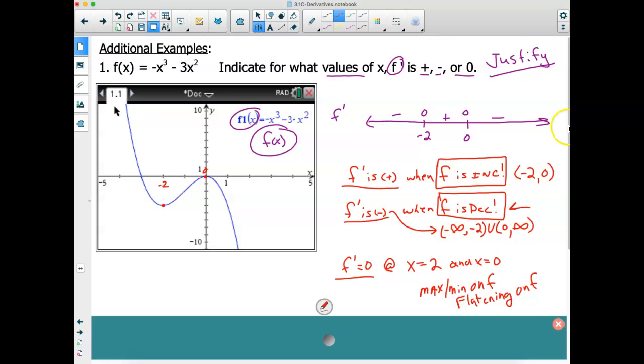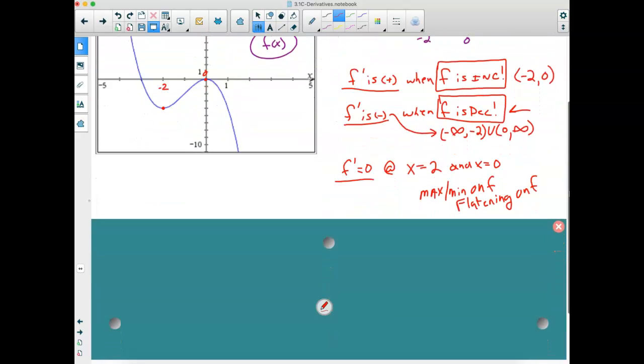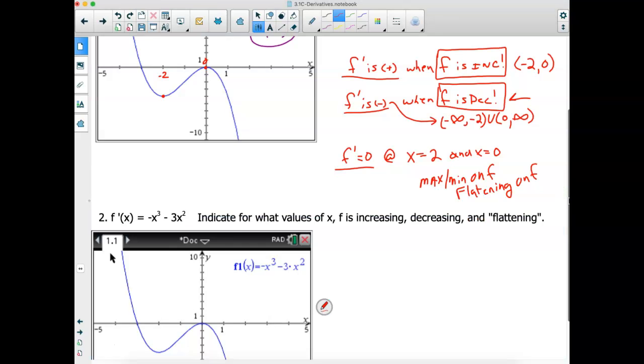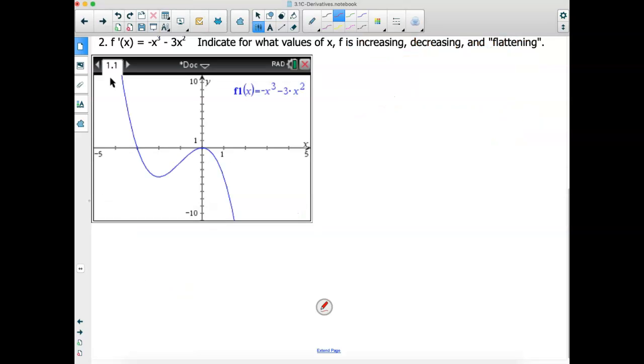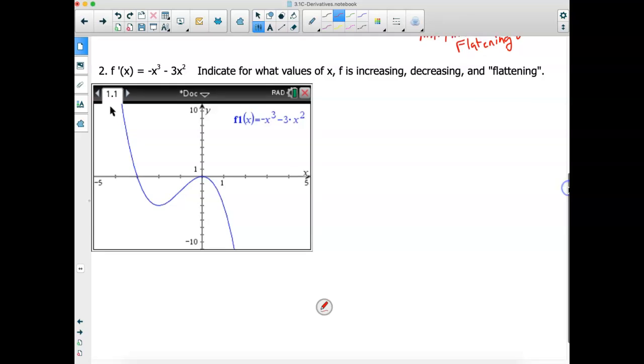Okay? Now, when I switch gears and I go backwards, extend page. Now, here's where I really just need you to know: am I going from f to f prime, or am I going from f prime to f?